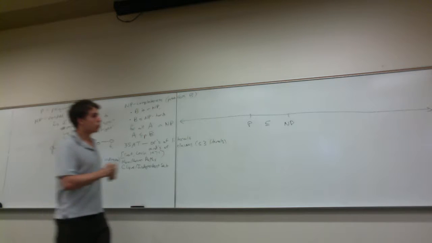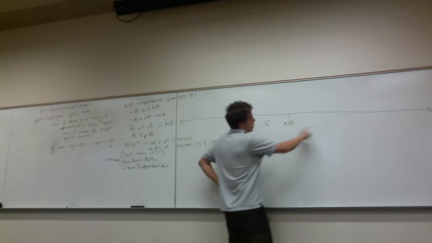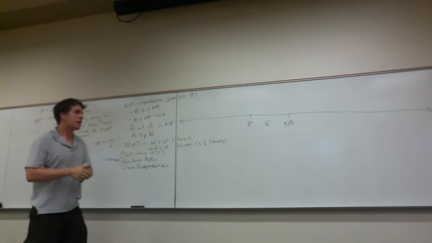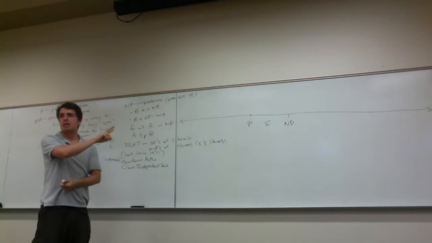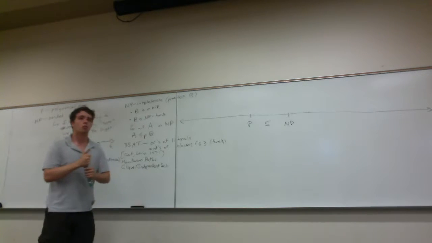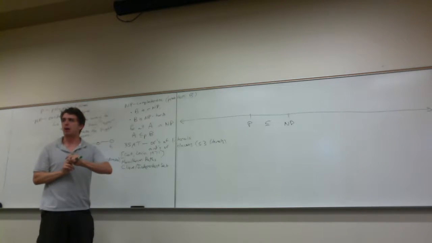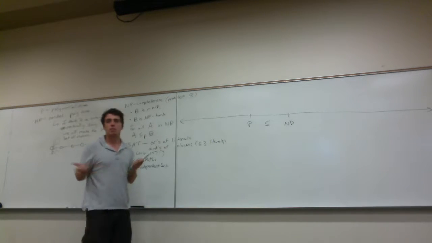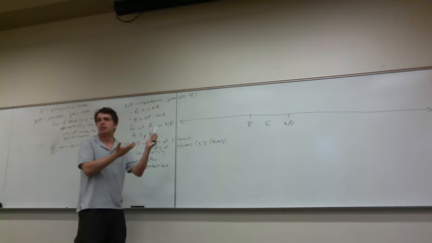So we're going to start working on the upper end first. What kind of measure are P and NP measuring essentially? Polynomial time, right? So what is another measure that we care about a lot? Space, right? It might be nice to figure out where space fits on this chart.